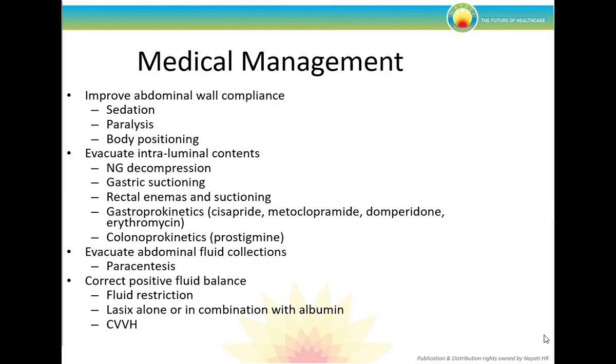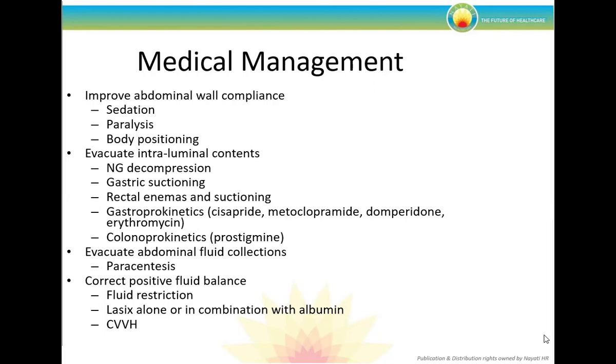What are the medical management options that we have? One, to improve the abdominal wall compliance, we can sedate the patients, we can paralyze them, we can keep them in a position where intra-abdominal pressure is less. So probably having the head end elevation decreased by a few degrees will help.